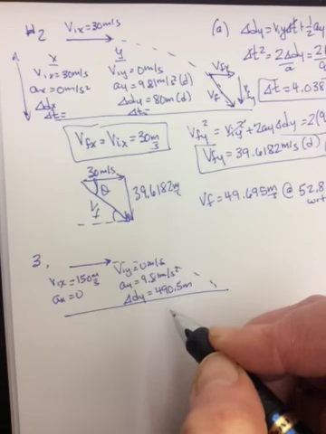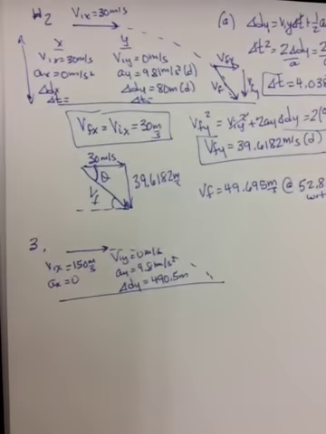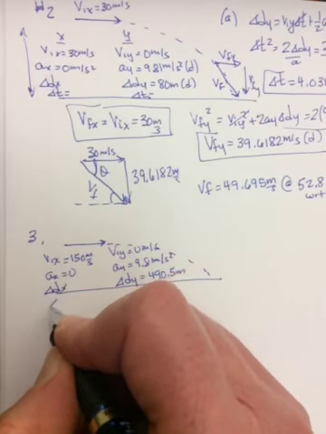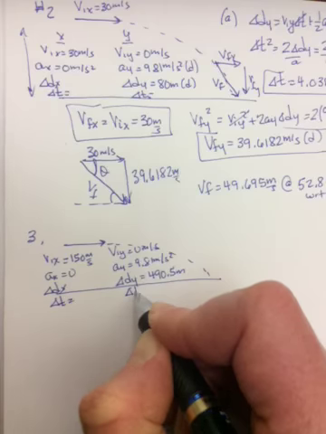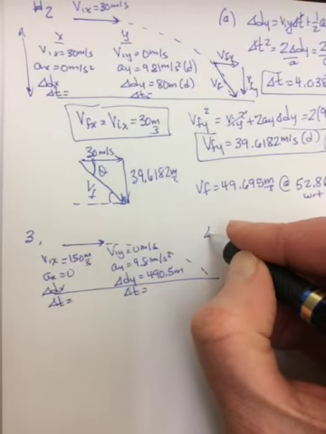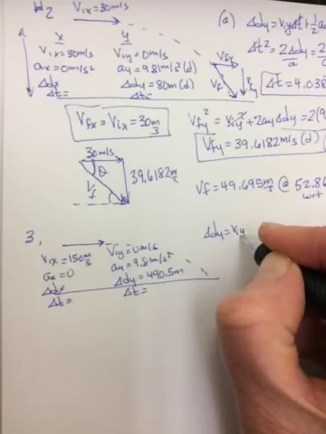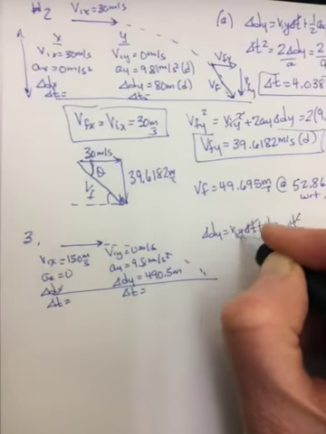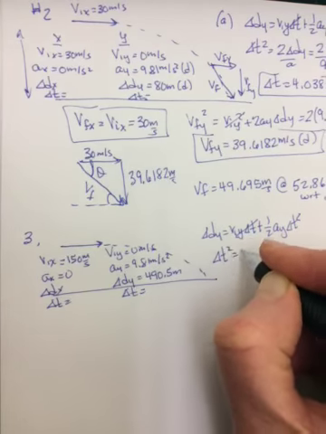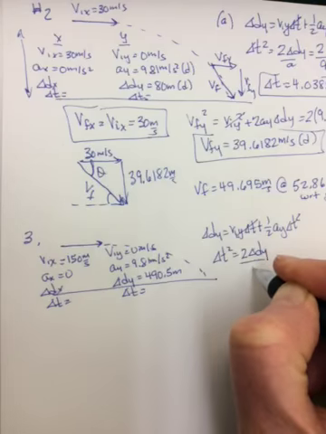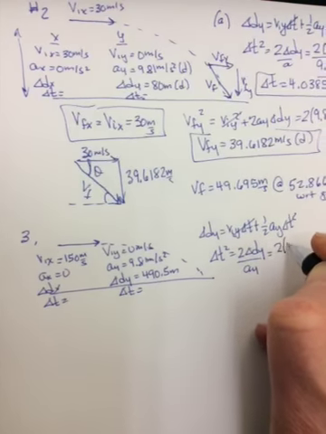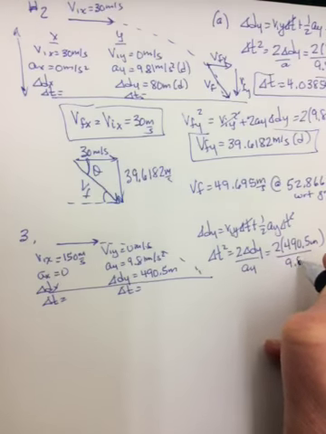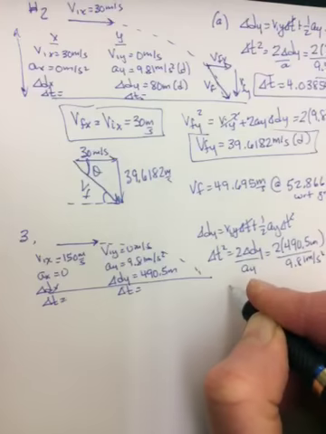And delta dy, they told us, 490.5 meters. Okay, and it wants to know what horizontal distance does the package travel. So you're looking for delta dx, but before you can get that, you need your delta t. So it's identical to the one above. Delta dy is equal to Viy delta t plus 1/2 ay delta t squared. The Viy goes to 0, t squared is equal to 2 delta dy over ay. So 2 times 490.5 divided by 9.81 meters per second squared.